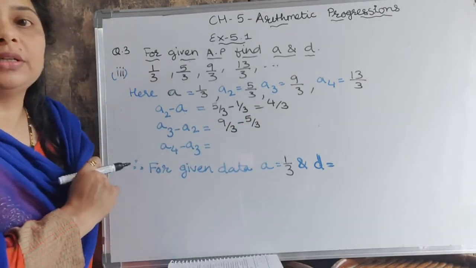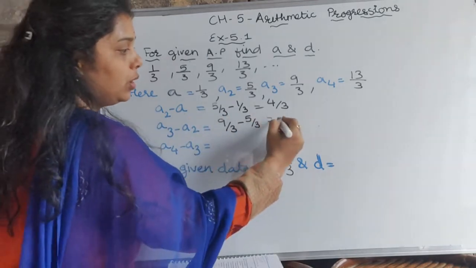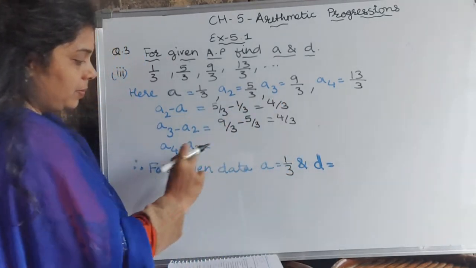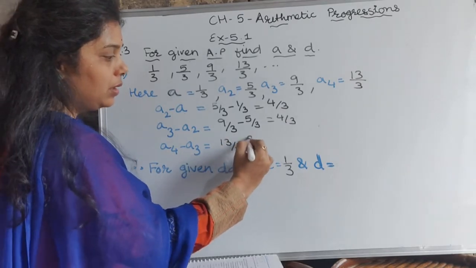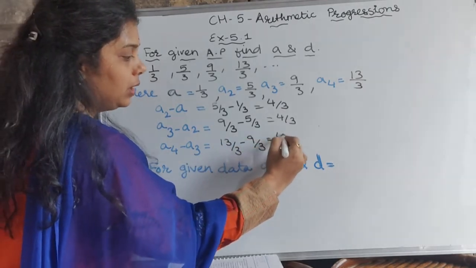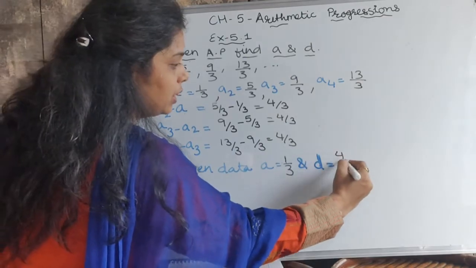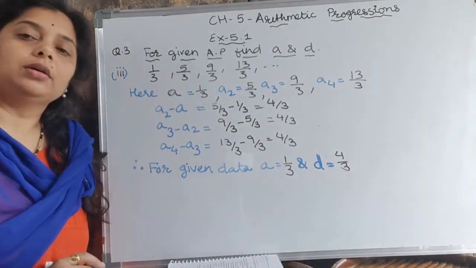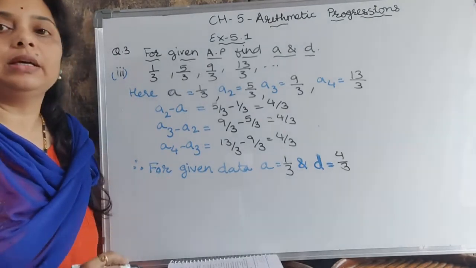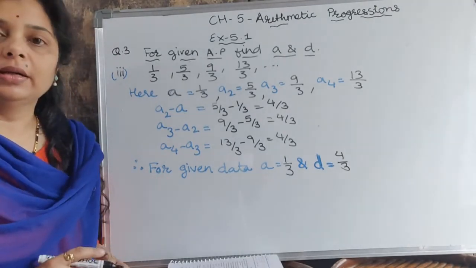Again the denominators are the same, so again it is 4 by 3. And A4 minus A3, 13 by 3 minus 9 by 3, again it is 4 by 3. So we can say that the value of D for the third sum is 4 by 3.